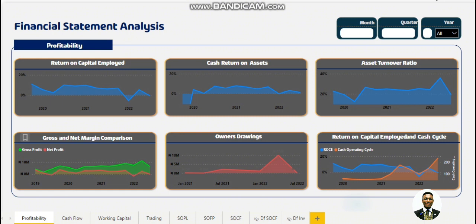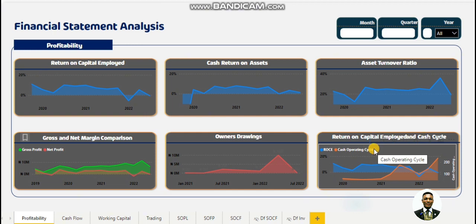Next, we want to look at the return on capital employed, comparing it with the cash operating cycle of the business. Why is this comparison necessary?